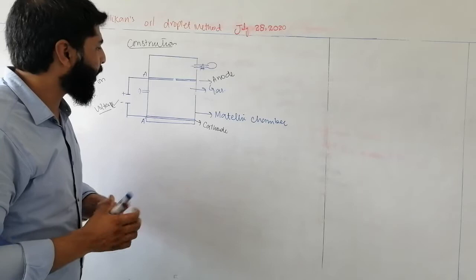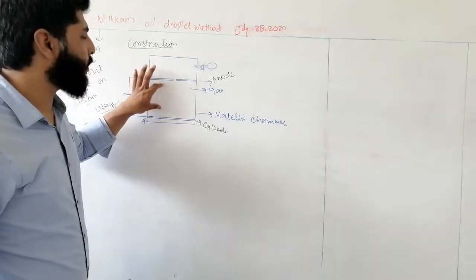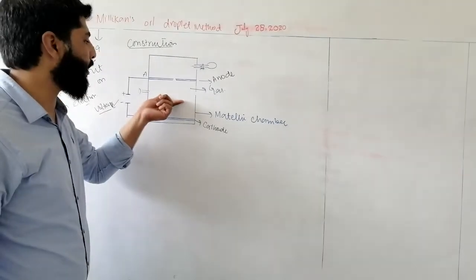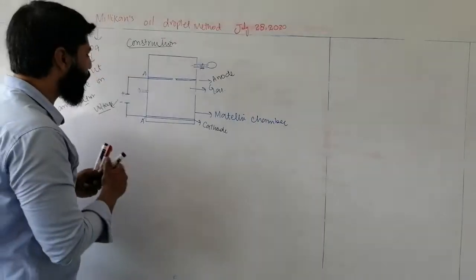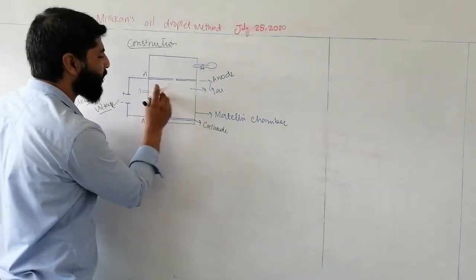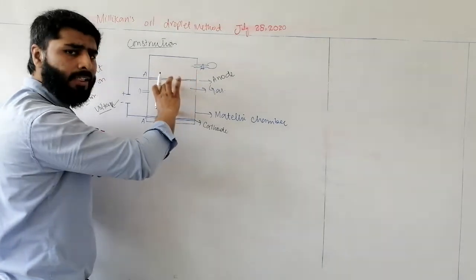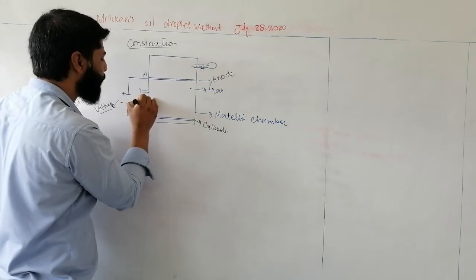The space or cavity between these two electrodes was filled with gas, or it was simply a vacuum. There was a source of observing all these changes between these two electrodes via a microscope.